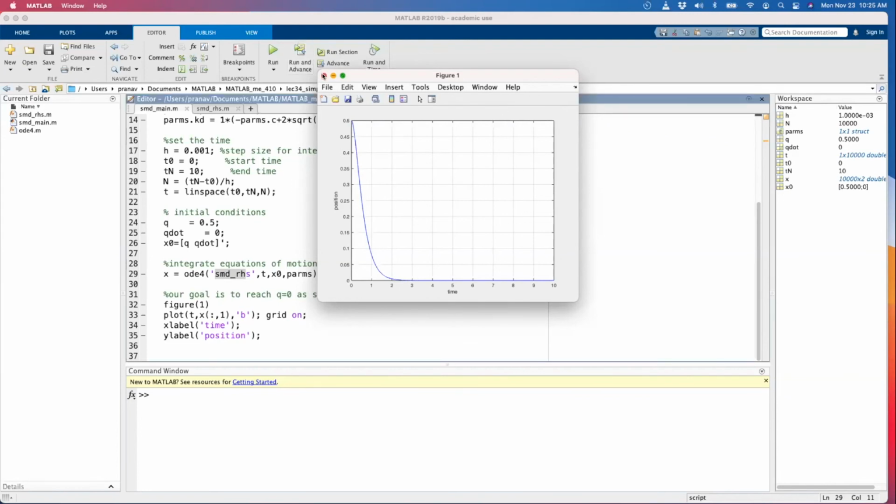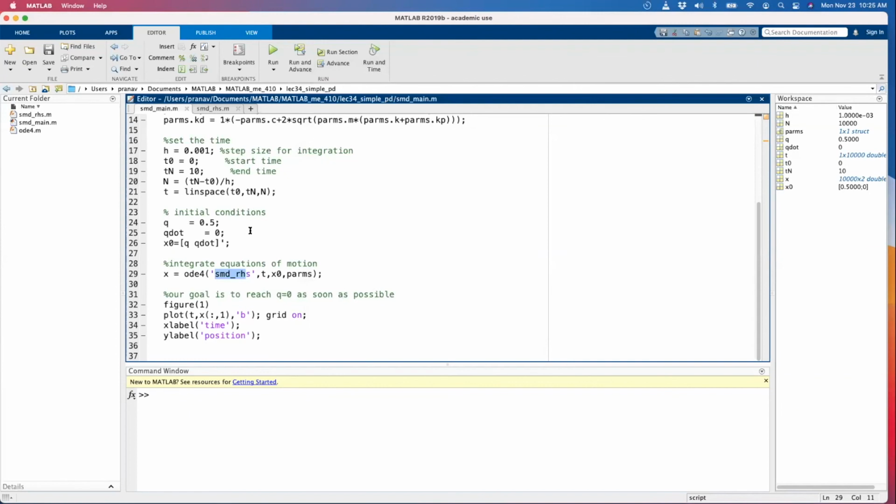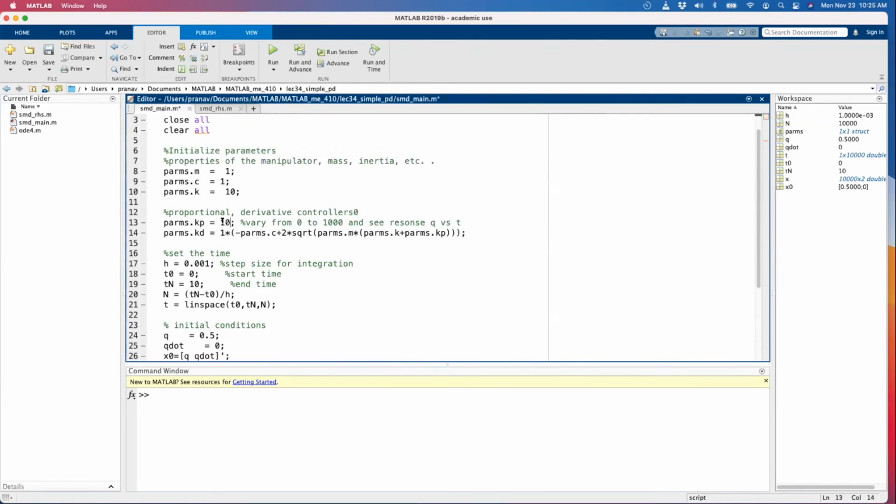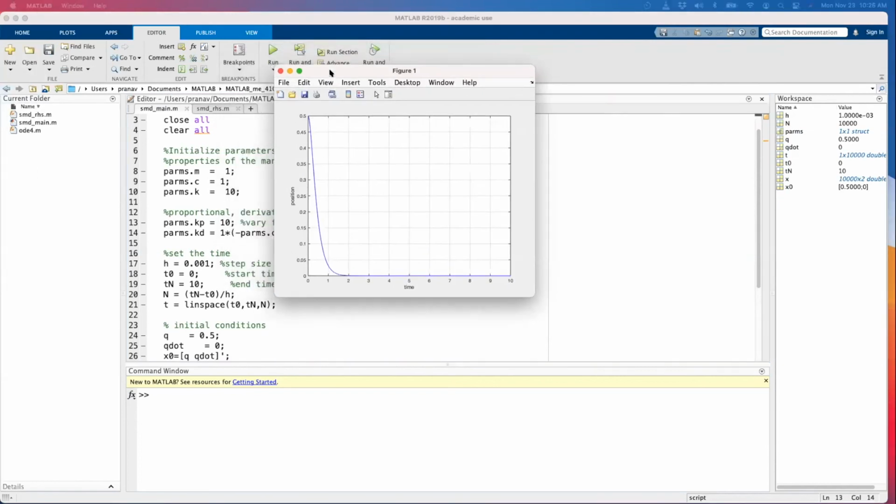So what I'll do is ramp up the gain kp and show you that it gets to 0 much faster, a much faster response than what I had before. So let's change kp to, let's say, 10, and rerun this, and this is what I get.